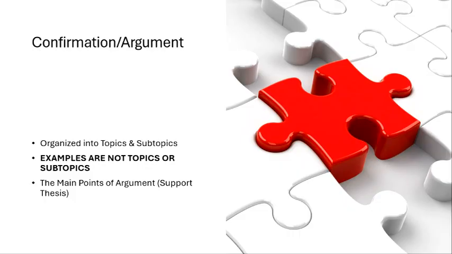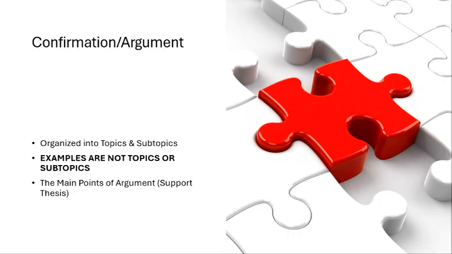Then we get into the confirmation, which is your argument. This is the body. So if we think about the essay as the intro and the background are the beginning, here's the big chunk. Your confirmation should be the big chunk of your paper. And this is where we want to organize it into topics and subtopics. And all this is the main points of argument. What exactly are you trying to say? What is your evidence? What are you supporting your main point, your argument with?